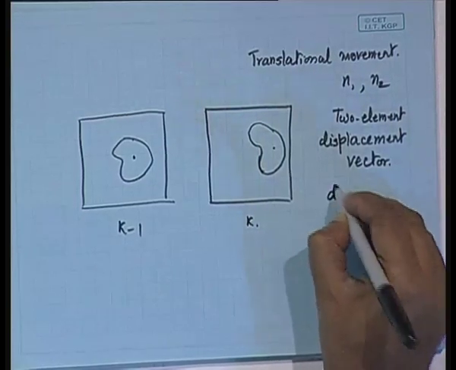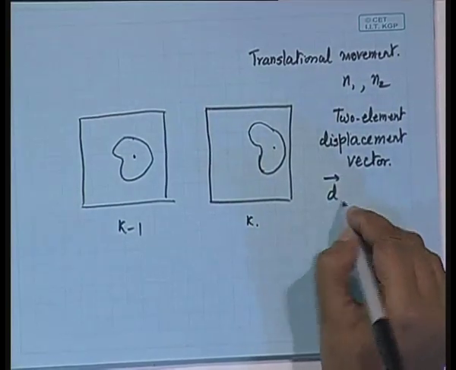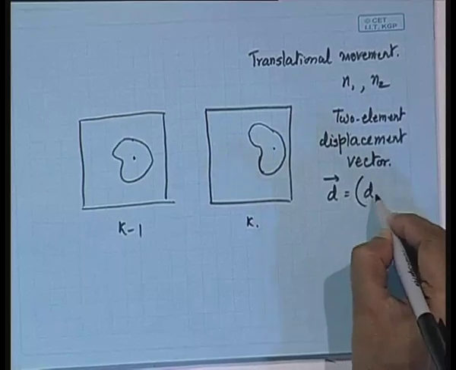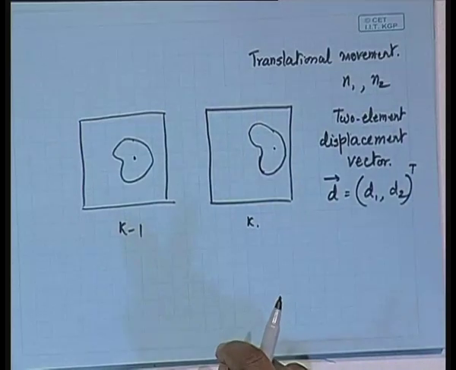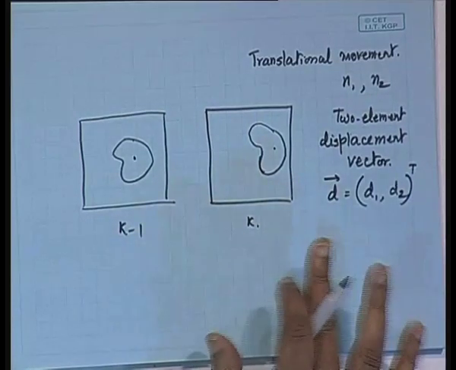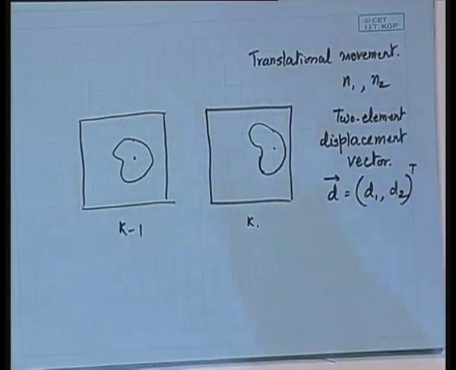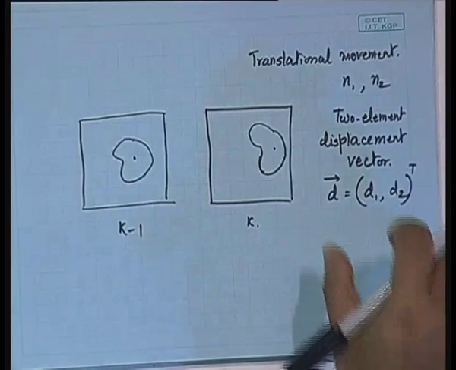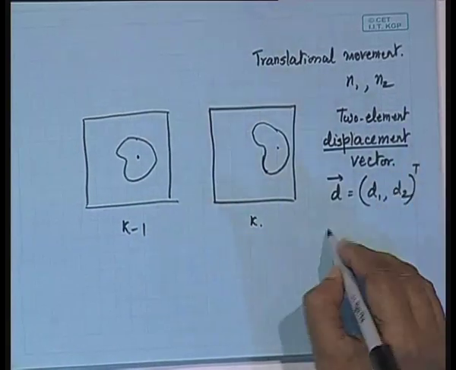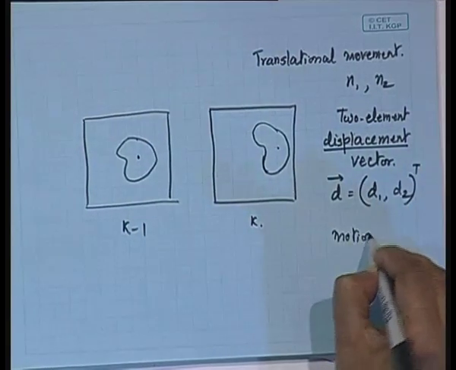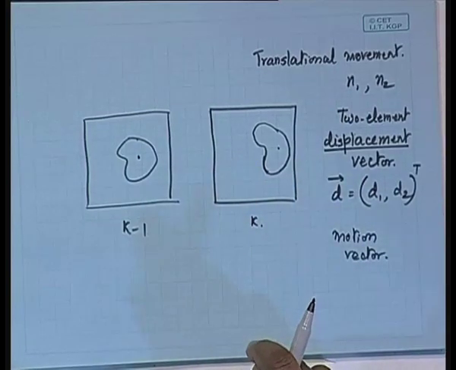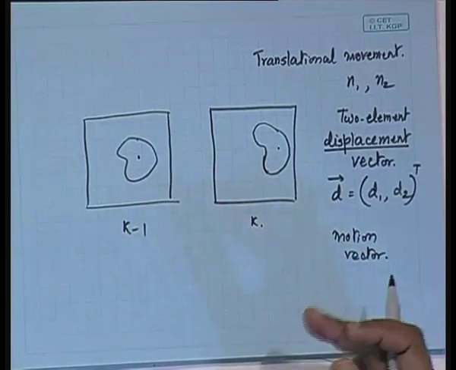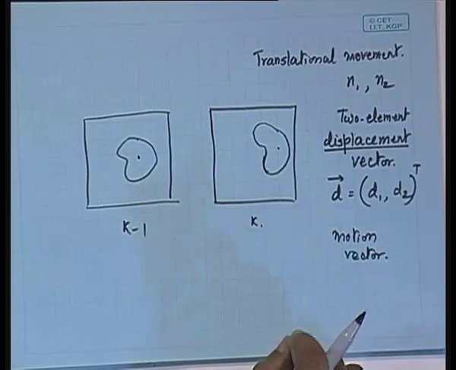We denote it as the D vector, whose elements are (D1, D2) transpose. D1 is the displacement along the n1 direction, D2 is the displacement along the n2 direction, and this is the displacement vector, also known as the motion vector. Basically, the motion vector refers to the same displacement vector.